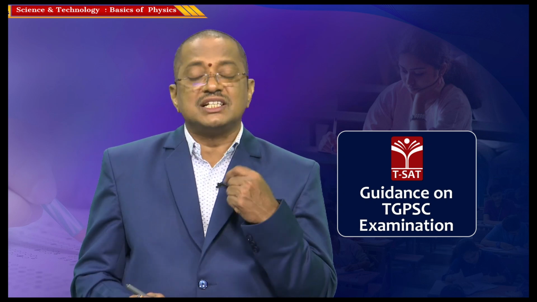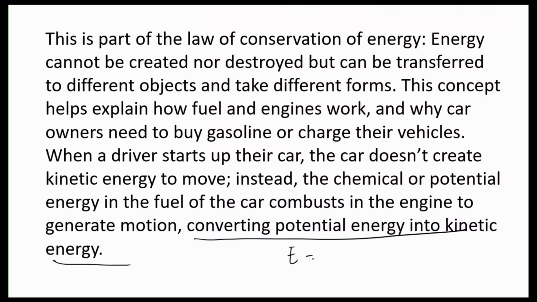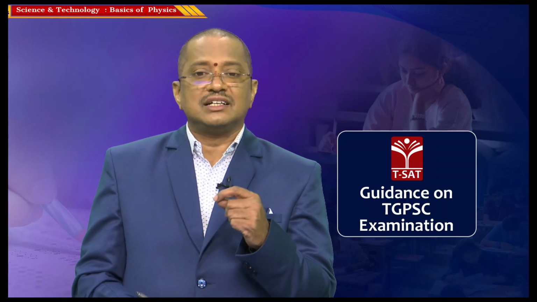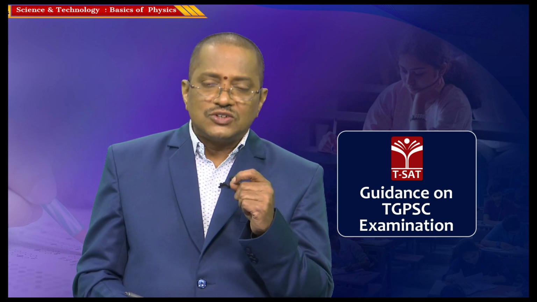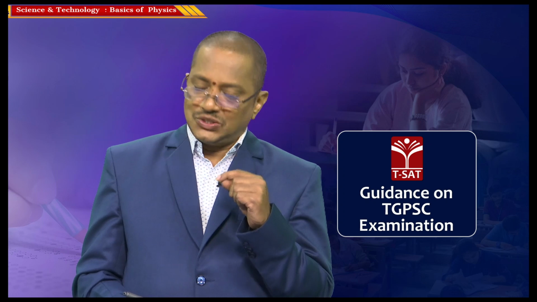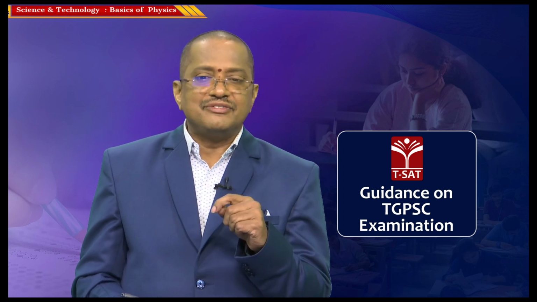So, for conservation of energy, we use E equal to mc square. This is called the mass and energy equivalence equation, the Einstein equation, which is very familiar.